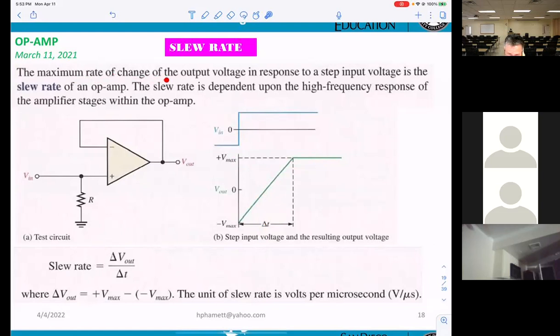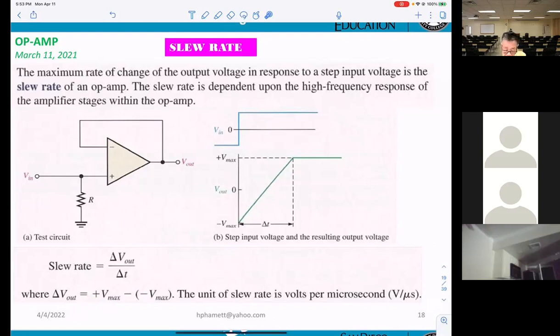The maximum rate of change of output voltage in response to a step input voltage is the slew rate of an op-amp. The slew rate depends upon the high frequency response of the amplifier stage within the op-amp. To calculate the slew rate, you take delta V out divided by delta T, where delta V out equals plus V maximum minus minus V maximum.